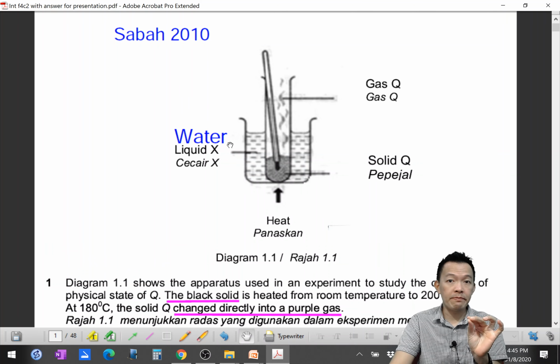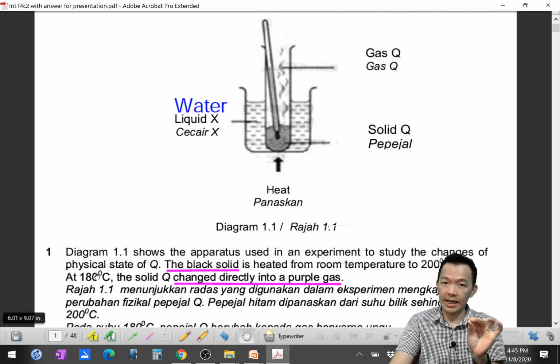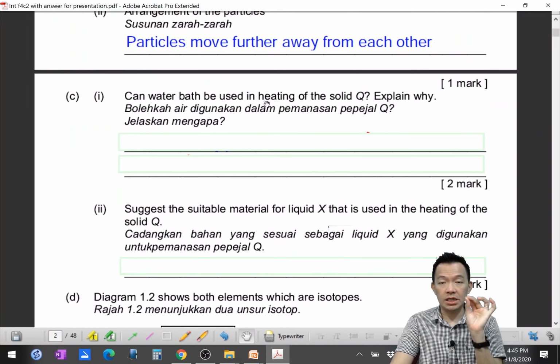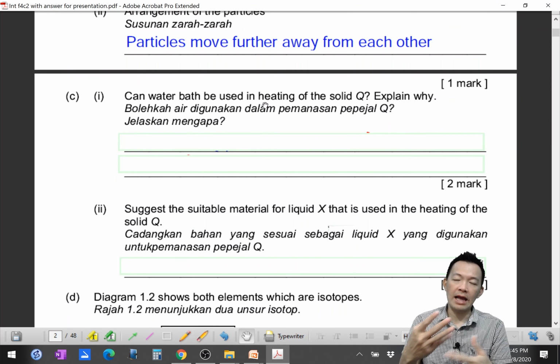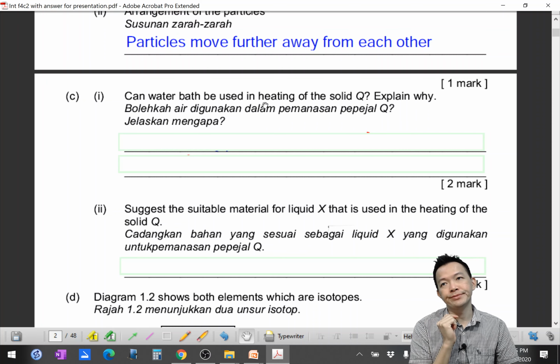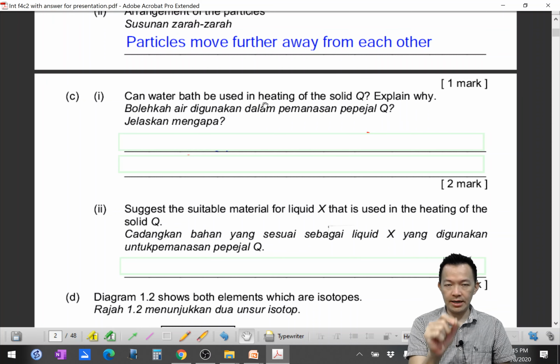So water is not suitable to heat the solid Q. Why? Because the boiling point of water is 100 degrees Celsius, which is below 180. 因为它的沸点在100，它自己都滚了，哪里能来到180去滚别人，对不对？A lot of students, because of their confidence, 因为他 SPM 还远，1月多才考，今天他没有心情准备。他写一个 no，然后就在那边等着。You write your answer today, deep.